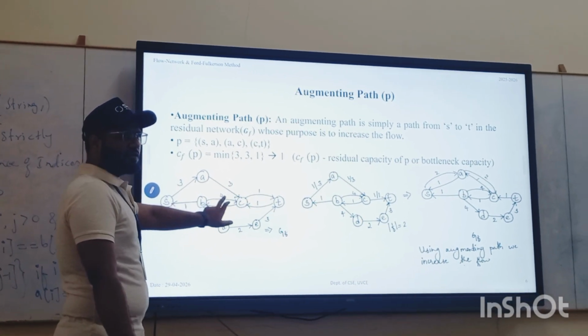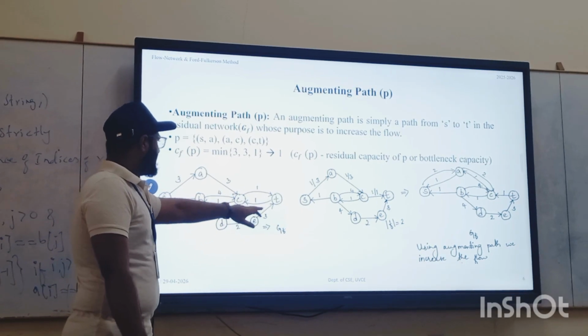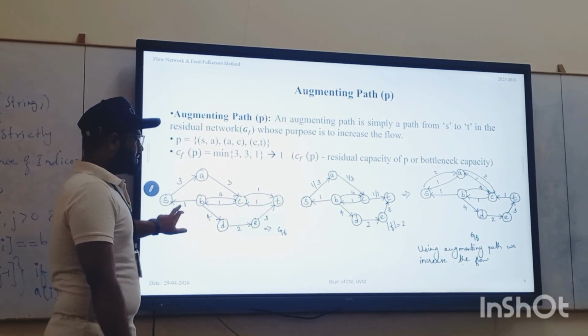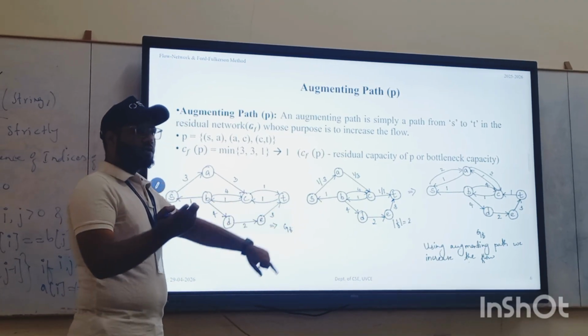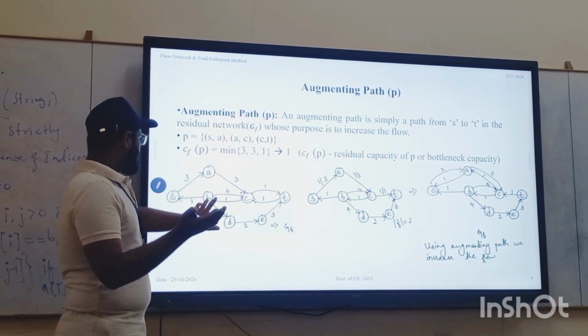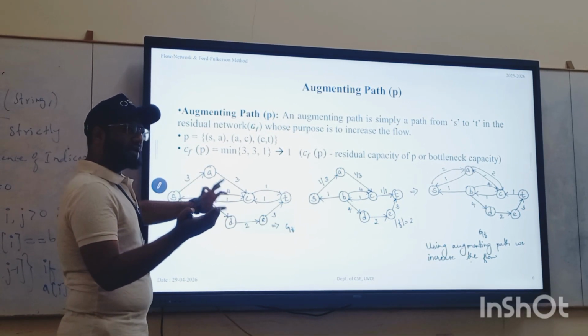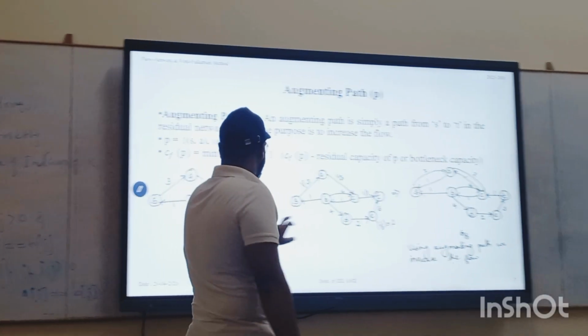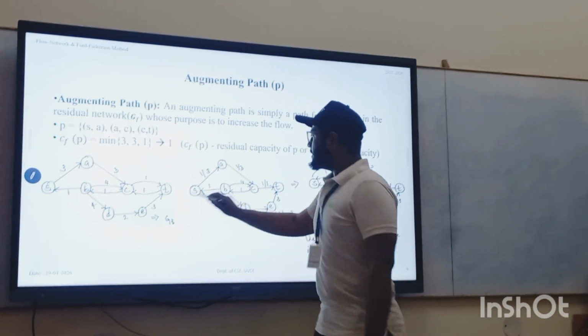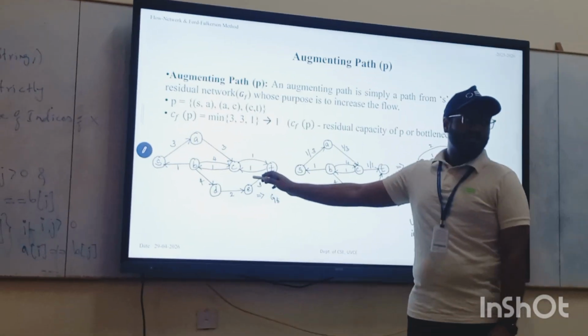We considered 4 and 1. Here we had 1 only, so we will not get a forward edge, we will get a backward edge here.